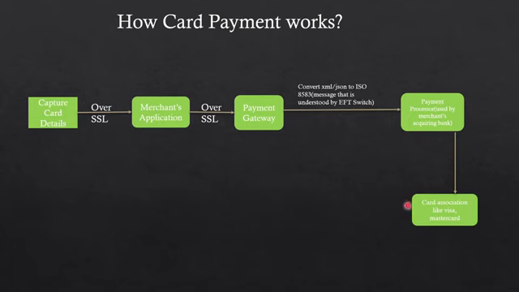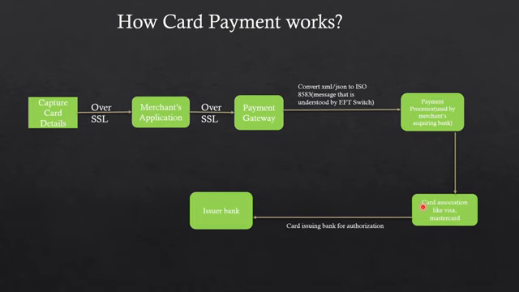Suppose you get the number 42365543; they know that this has been given to HDFC bank. So they will redirect the request to the issuer bank, which is HDFC bank. The card association will redirect the message it has got to the correct issuer bank.